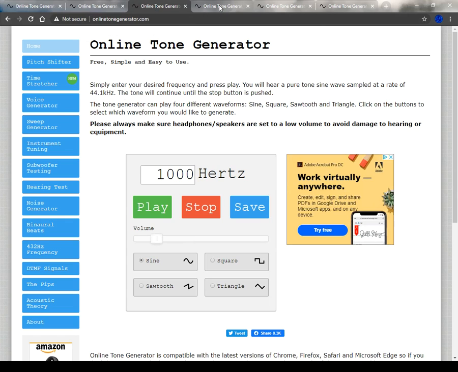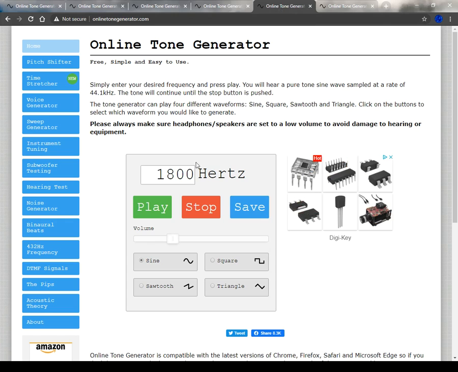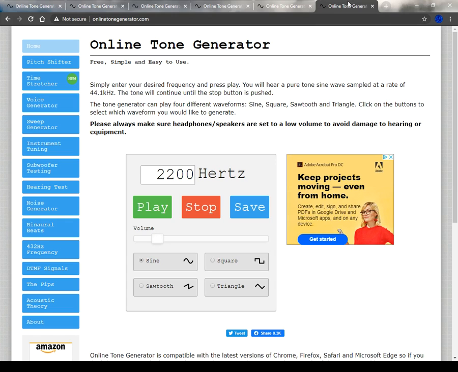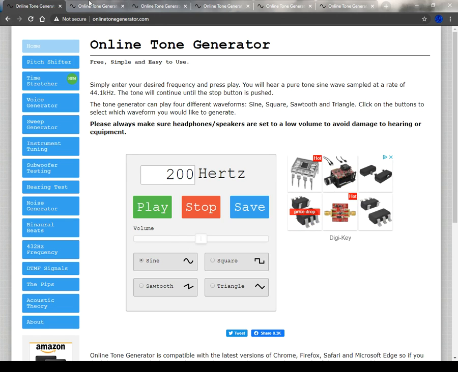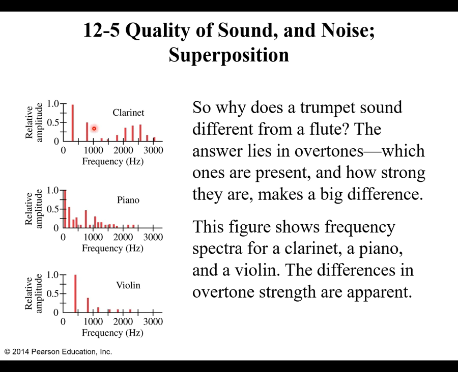The seventh harmonic would be 200 times 7, 1,400. The ninth harmonic would be 9 times 200, which would be 1,800, and the 11th harmonic would be here. And if you notice the volume bar down here, I've adjusted the volume to more or less represent the amplitudes that you have here in this figure.